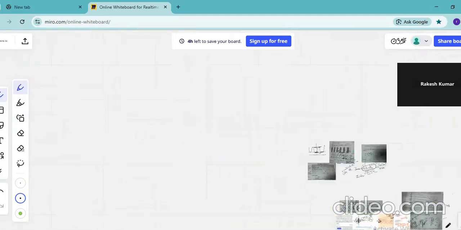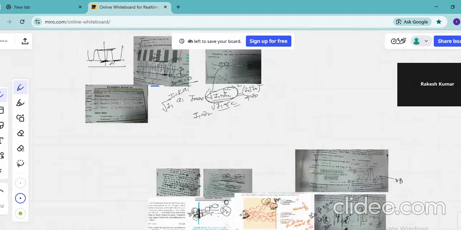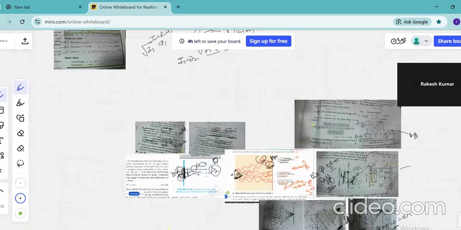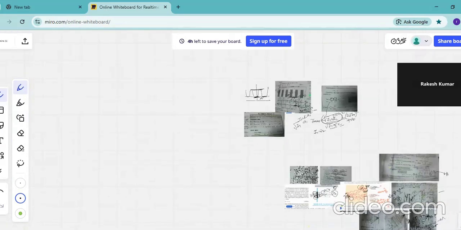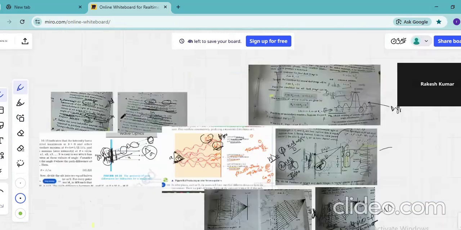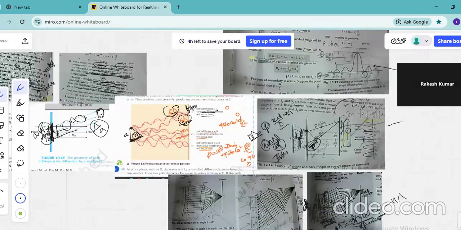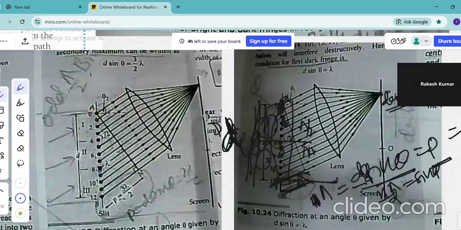And then the other thing you have to notice is the path difference. In diffraction, we are only relating the angle, because we have related d sine theta. So at what theta you'll get a maximum?